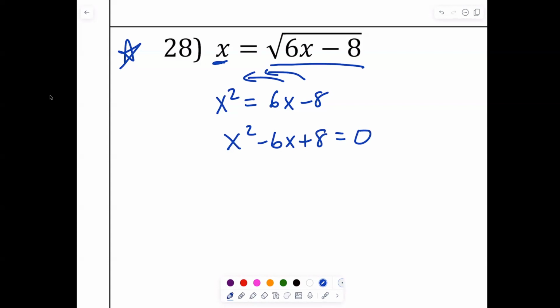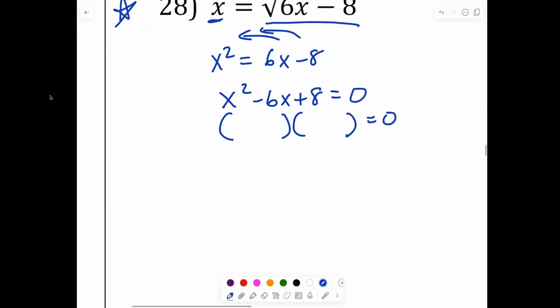Everybody agree with that? Now you got to do factoring. The factoring tomorrow will be really basic. All right, nothing complicated, just to make sure you're constantly reviewing factoring. So what does that factor to? x and x. I like that. Now you say, what are the factors of 8 that add to 6? Those are 4 and 2.